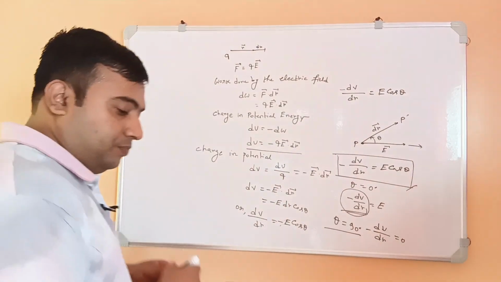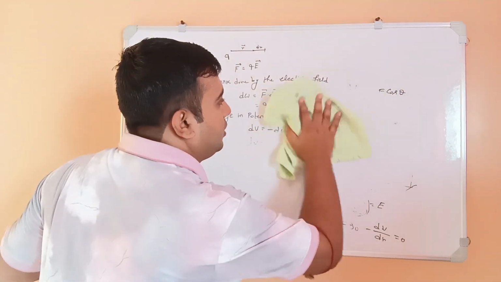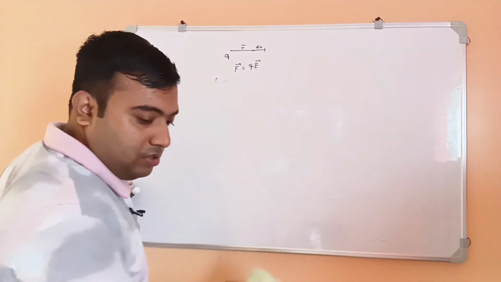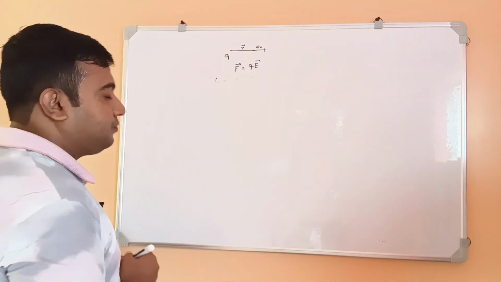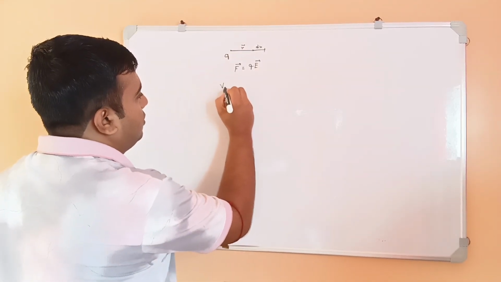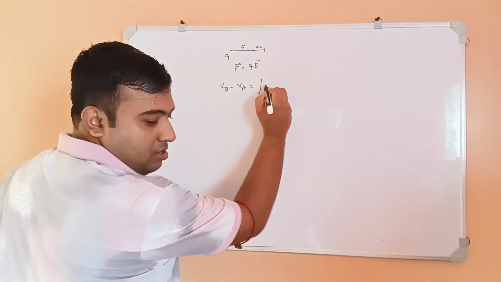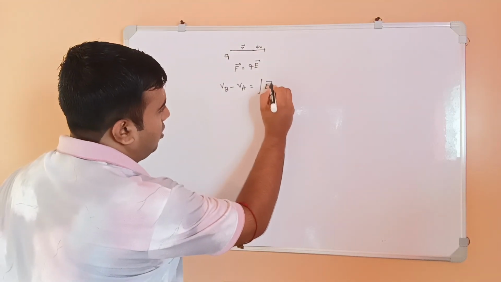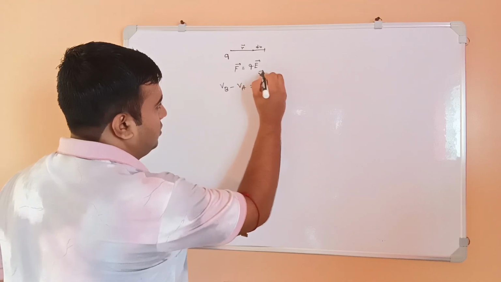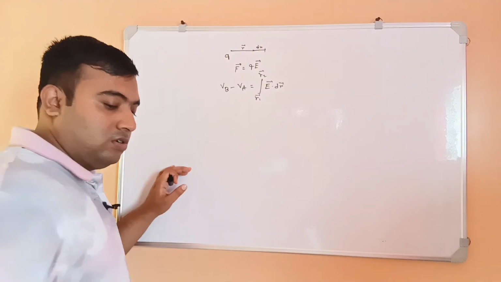Okay, so again, we see that the change in potential Vb minus Va is equal to minus integration E dot dr, if it is changing from position r1 to r2.